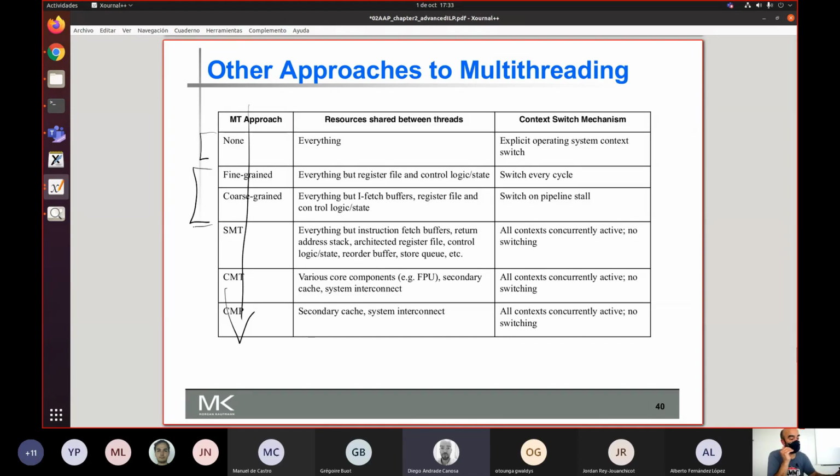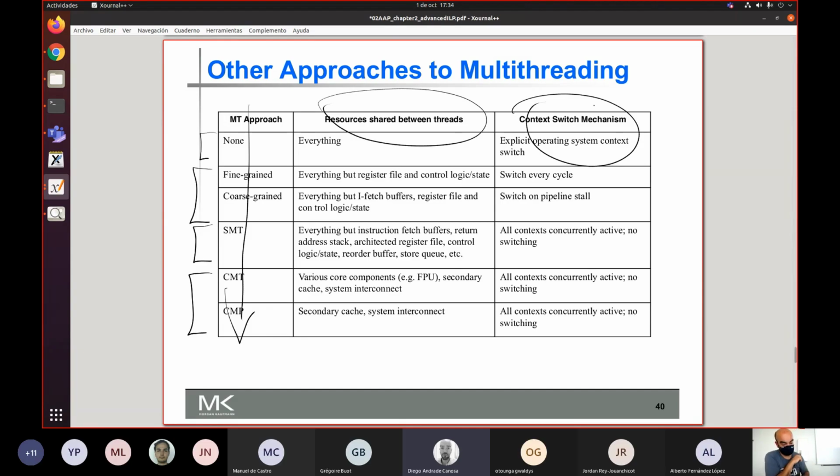In this column, you find an indication of which resources are shared between different threads, and in the third column, which is the context switch mechanism.